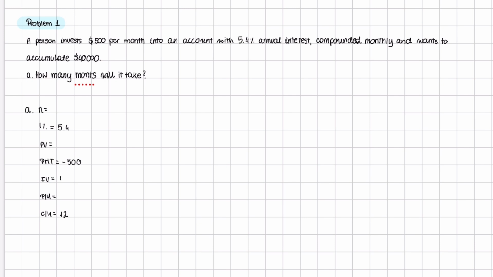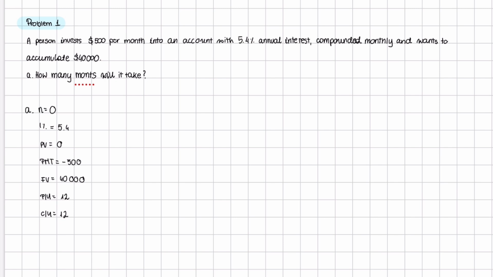So future value is 40,000, and also we have P/Y equals 12 because we have monthly payments. And our present value is of course 0 because we have no starting money, and our N is also 0 because we're looking for it.